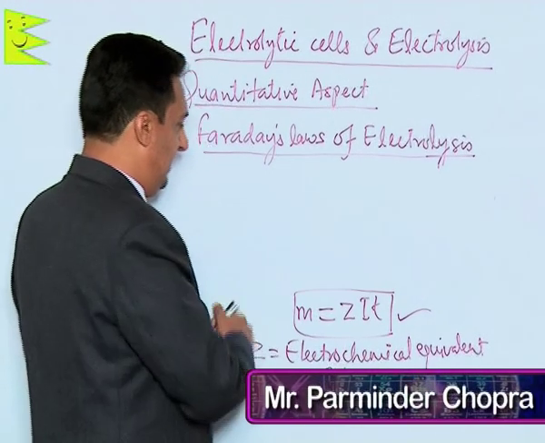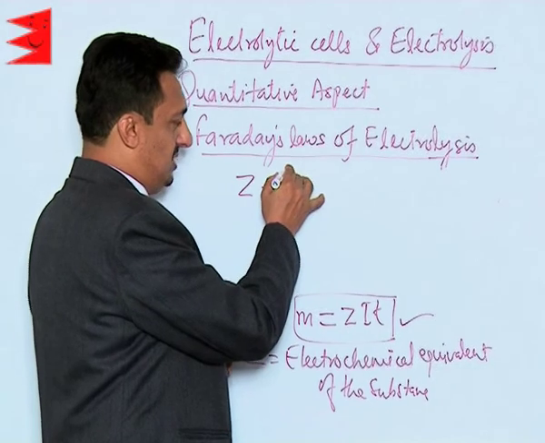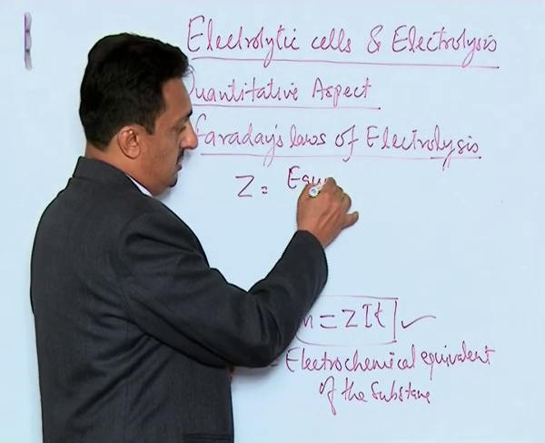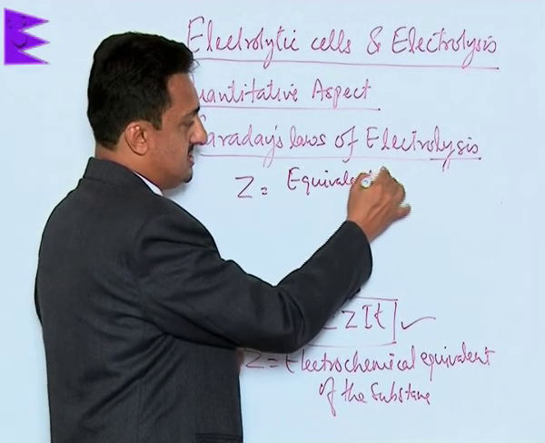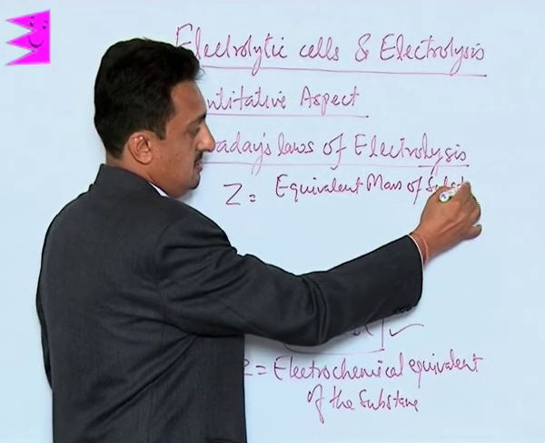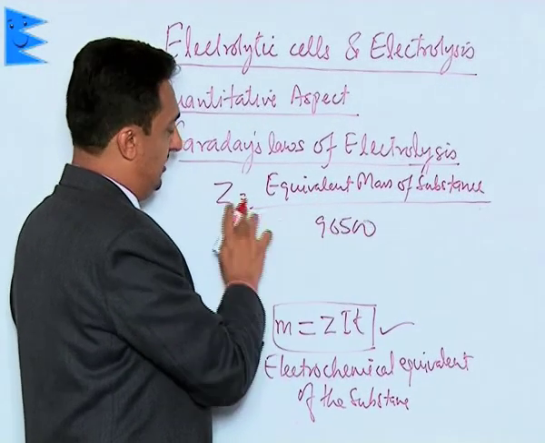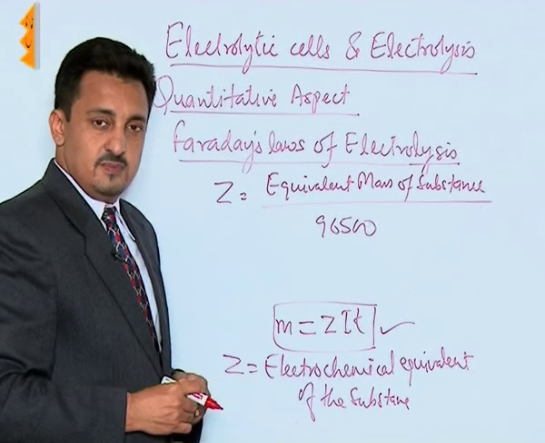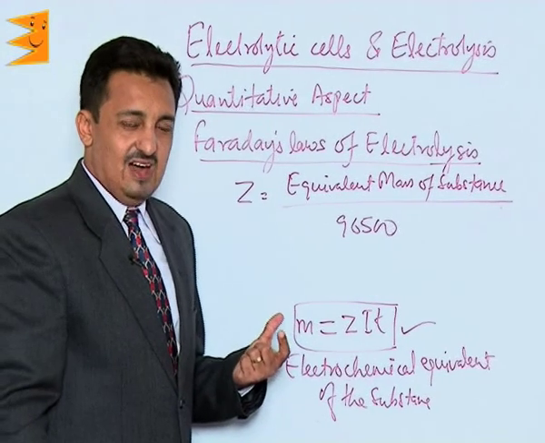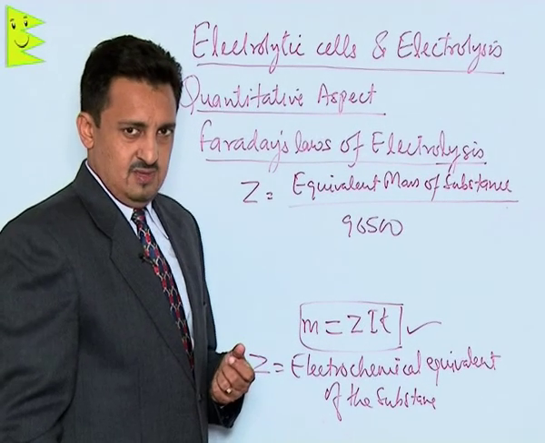This ECE, the electrochemical equivalent, is actually equal to the equivalent mass of the substance upon 96500, which is 1 Faraday, the charge present on 1 mole of electrons.